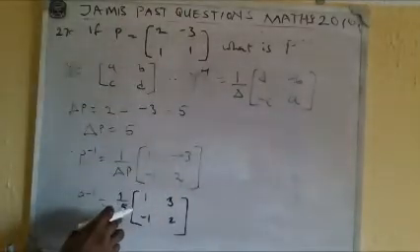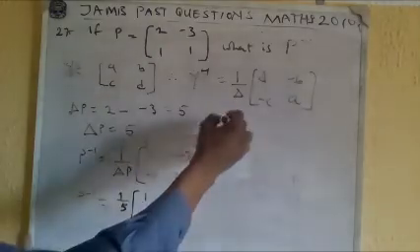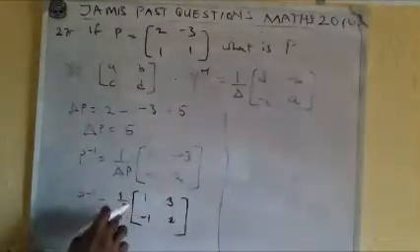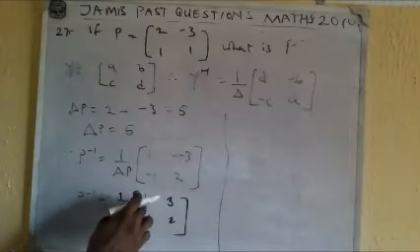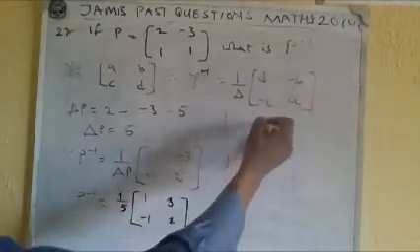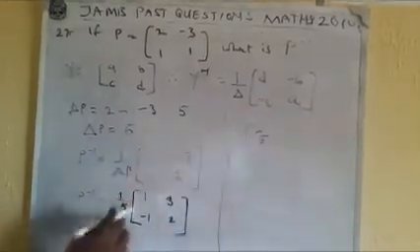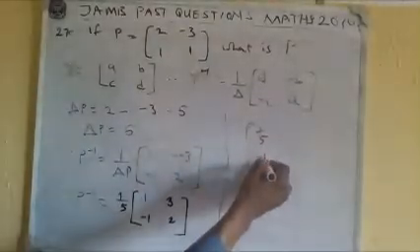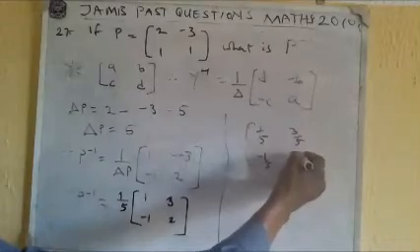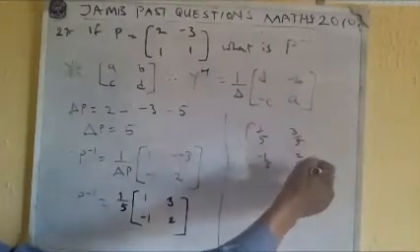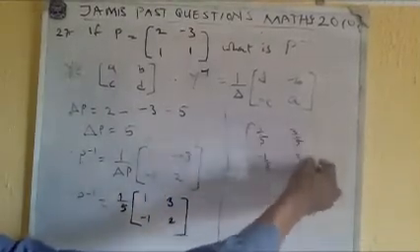But we can now multiply this one by each of the terms here. So see the answer here. 1 over 5 times 1, that's the first term here, becomes 1 over 5. Then this one too, minus 1 over 5. Then this one, 3 over 5 and 2 over 5. These are just the elements inside this matrix.